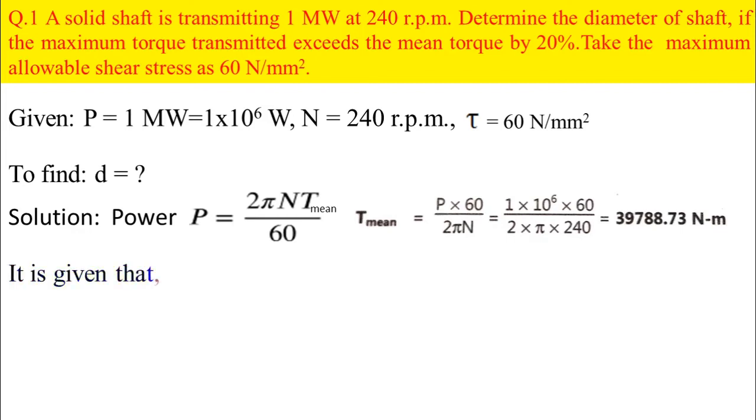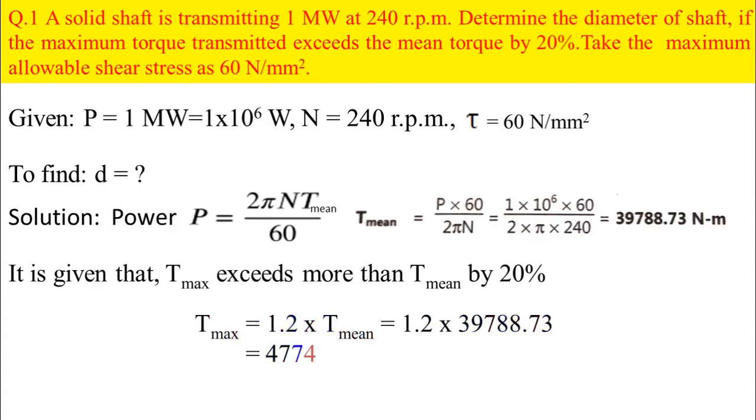As given in the problem, T max exceeds T mean by 20%. Means power transmission of shaft is normally 100%, but it exceeds by 20%, which is given in the problem. Therefore total will be 120%. Now we have to calculate T max, means 120% will be converted into decimal.